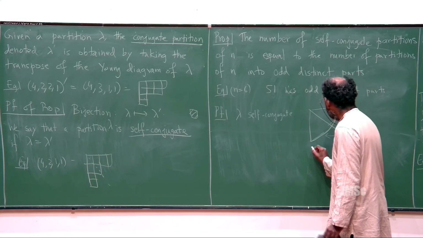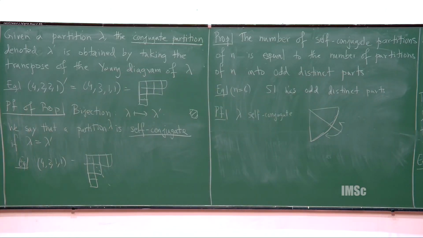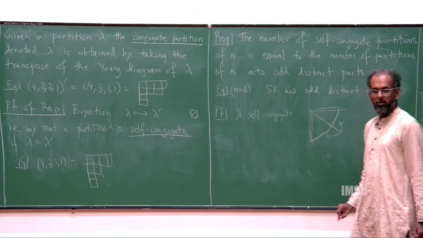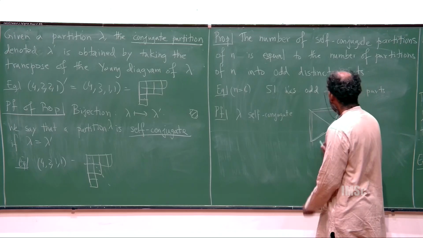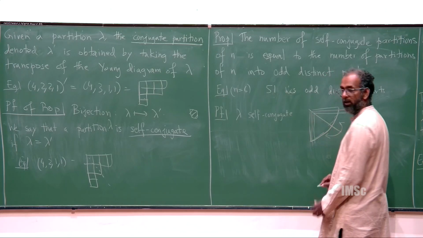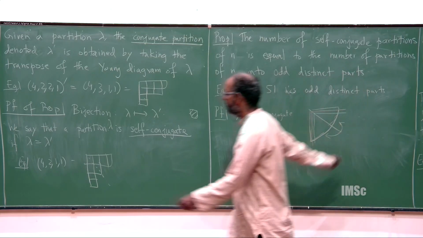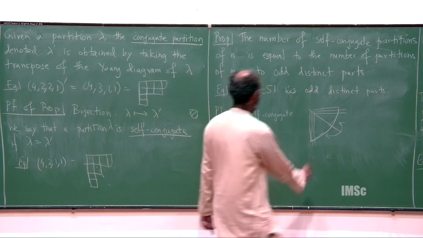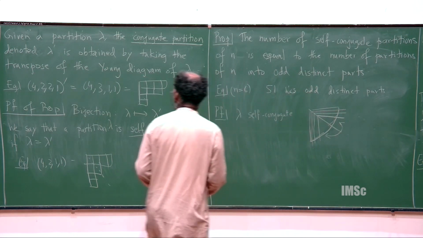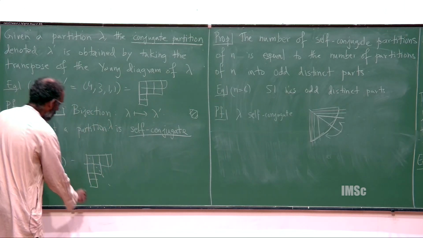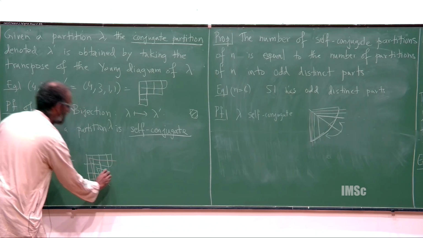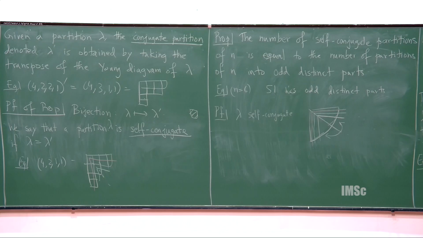So we are going to go down and right, and then we go the next one down from here and right, and like that. So we keep building these hooks, and so on. For example, in this partition we have two hooks, one which goes like this and the other one which goes like that.